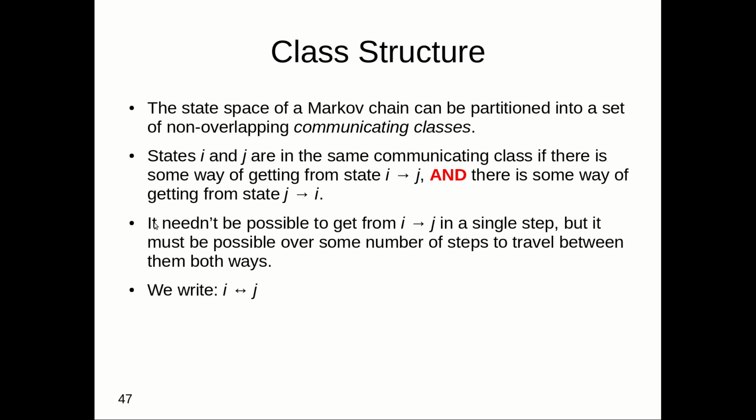What is important here is that it does not need to be possible to get from i to j in a single step, but it must be possible to get from i to j over some number of steps, to be able to travel between those two states in both ways. And so we write this as i communicates with j, using this bidirectional arrow here.